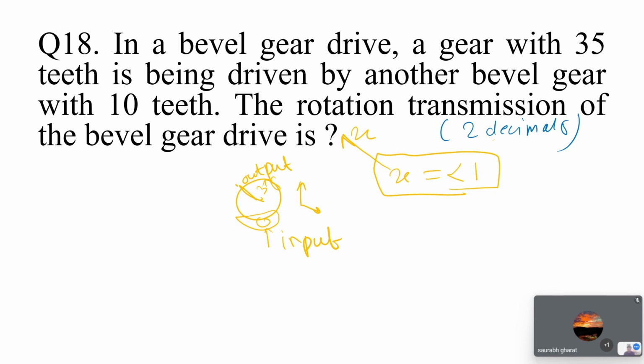So what will your answer be? Your rotation transmission, I'll just write it as RT, is equal to 10 by 35.